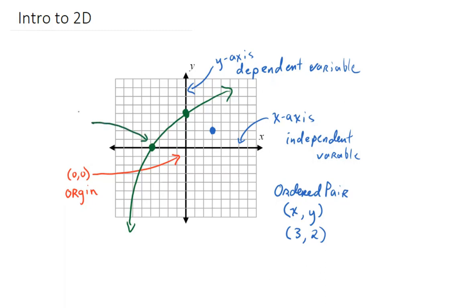Where it crosses the x-axis is called the x-intercept. And where it crosses the y-axis is called the y-intercept. We're going to talk about those a lot and learn how to find them. Just really get familiar with these ideas of the x-intercept and the y-intercept.